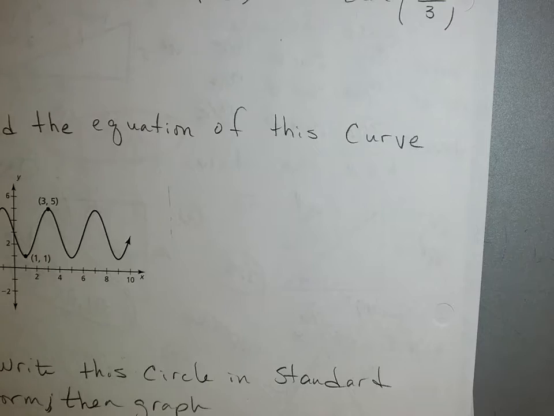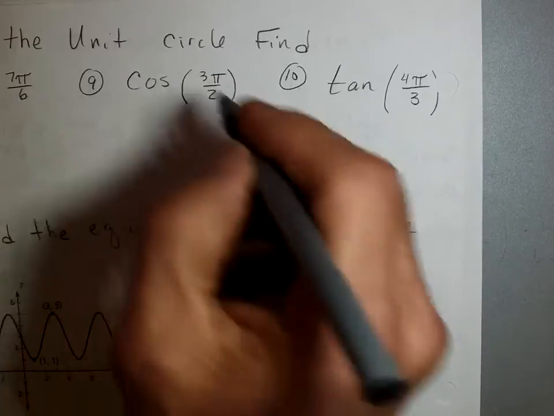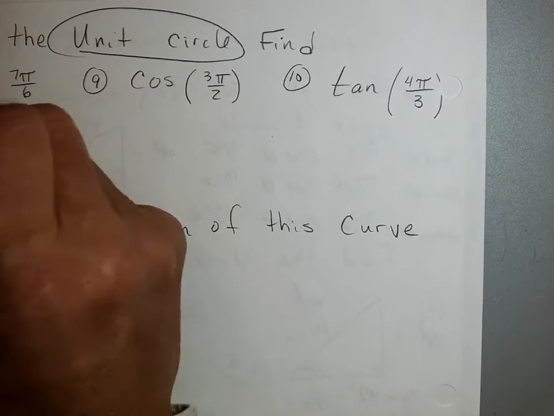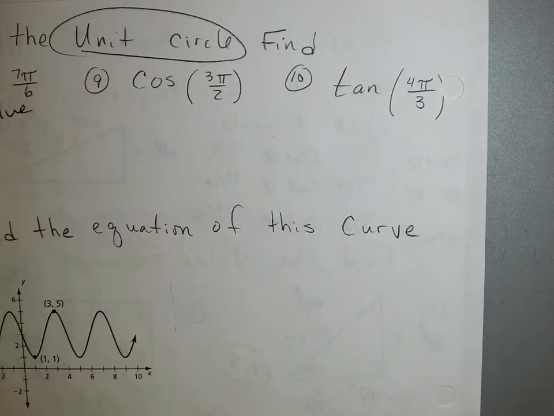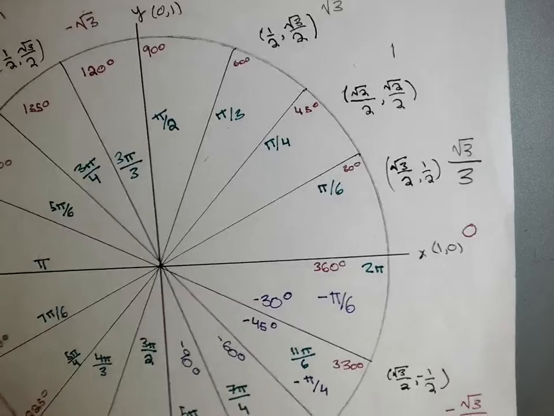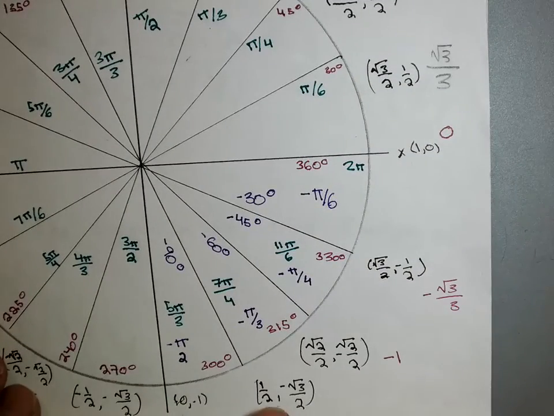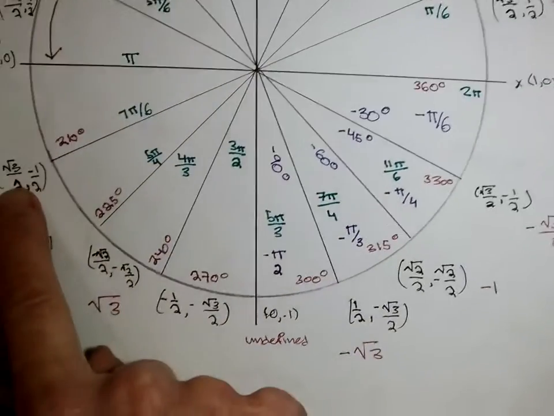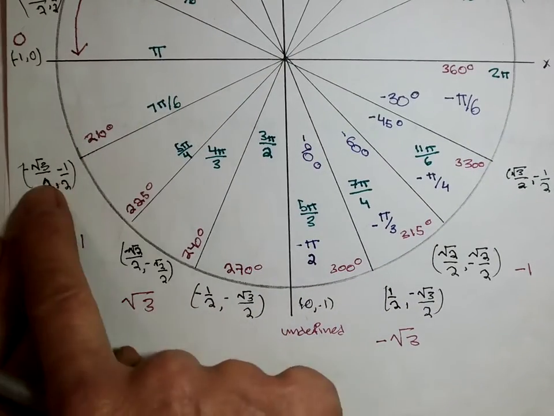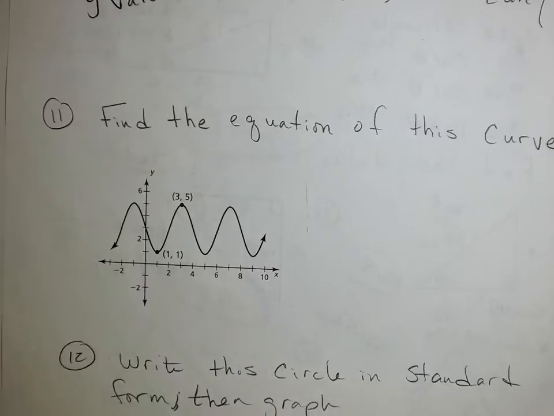Okay, now sine. You guys ready? From the unit circle. Sine is the y value. 7 pi over 6 is here. The y value is negative 1/2.